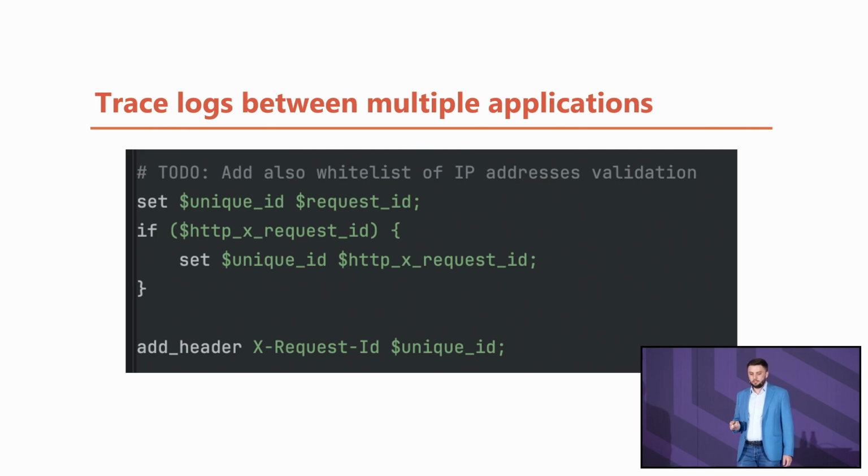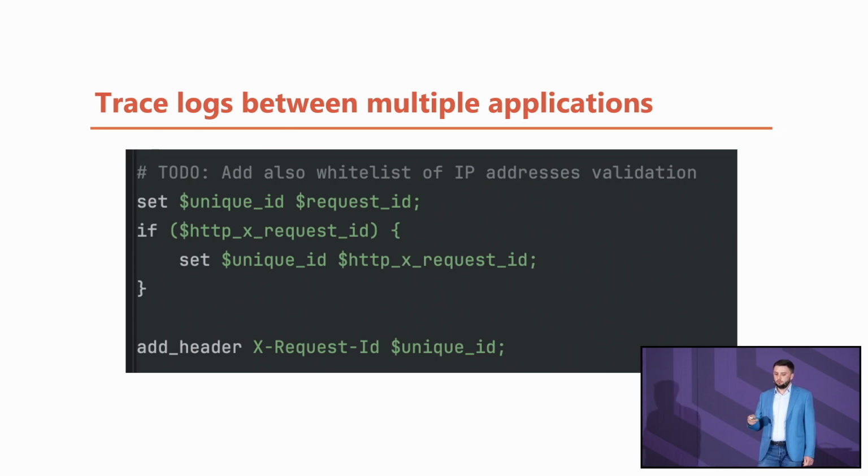So in Nginx, we have the variable request_id, which is default in Nginx starting 1.10, I think, which generates a random number. So what I have done, I set my parameter, unique ID, which defaults to request ID, and if the X-Request-ID header is set, then I do the override.